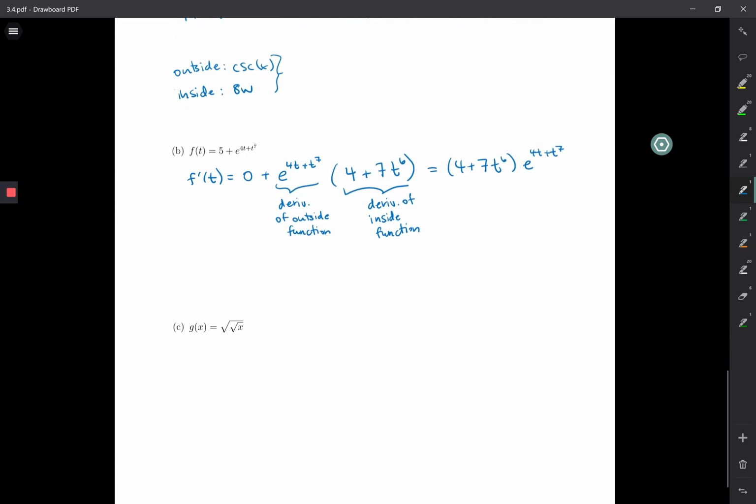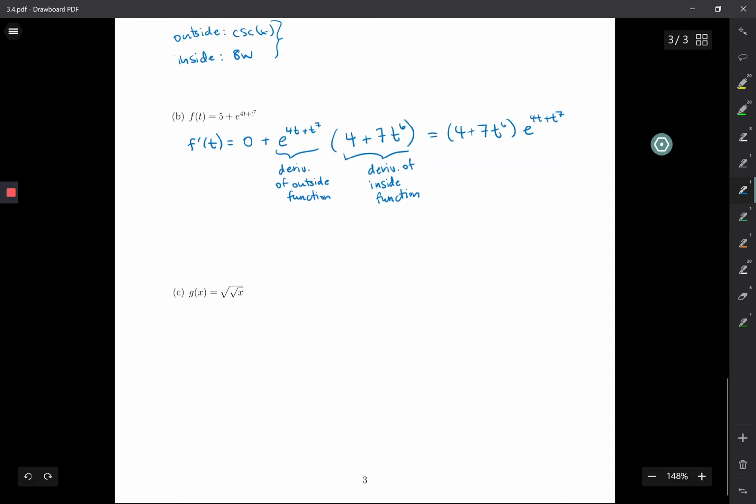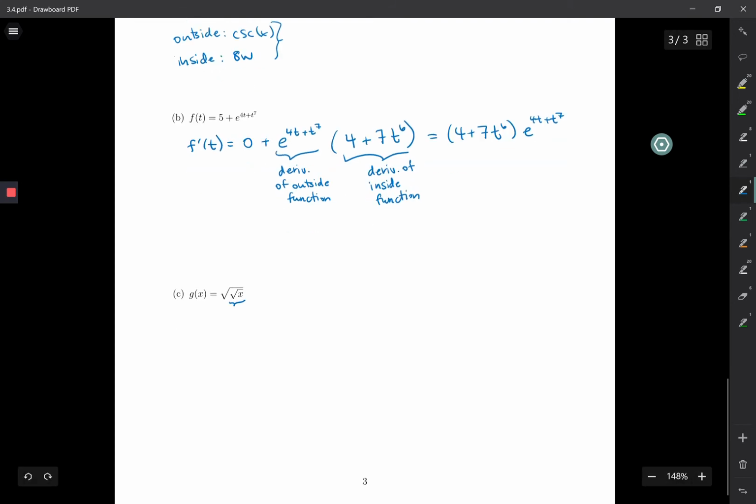Okay, now in this last problem, we can do this using the chain rule. But there's actually an easier way of doing it. So when you're looking at this function, you see that the square root of x is inside of another square root, right? So we can use a chain rule here.